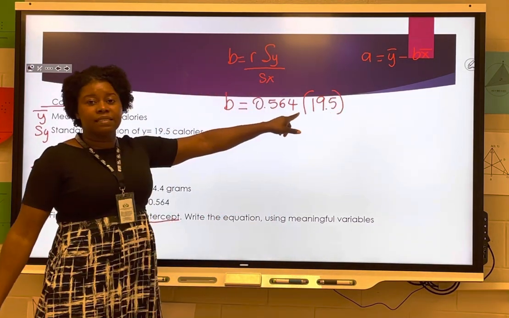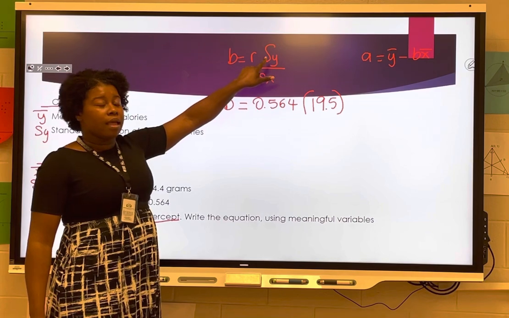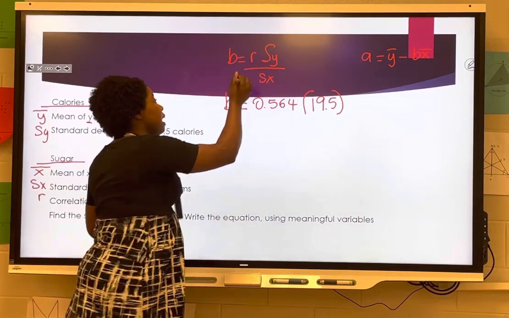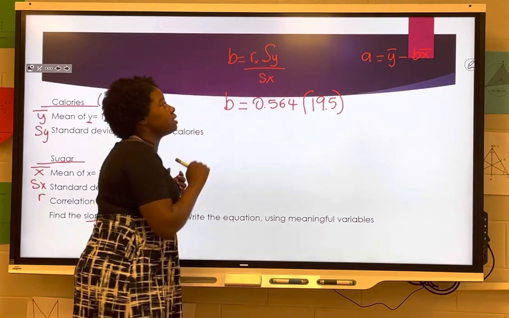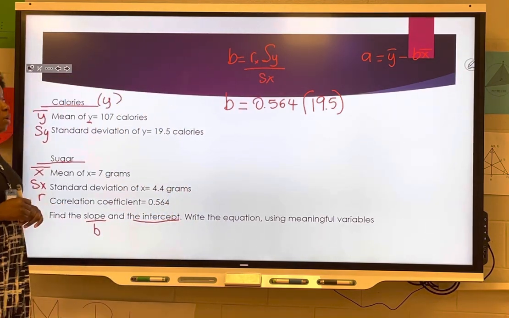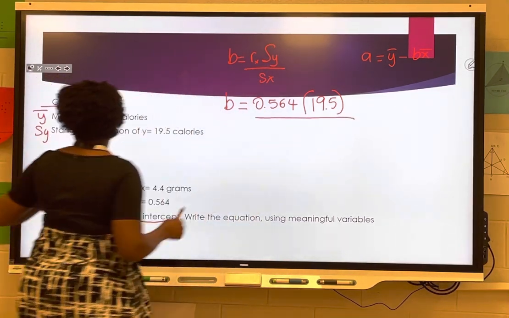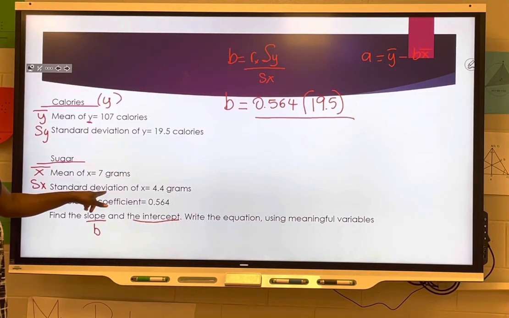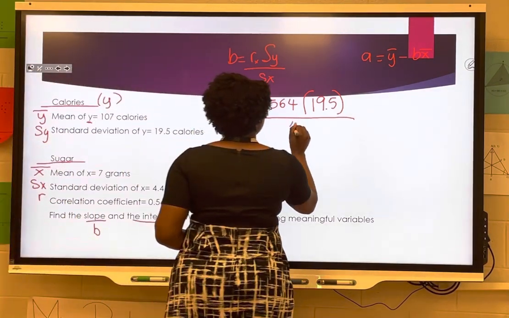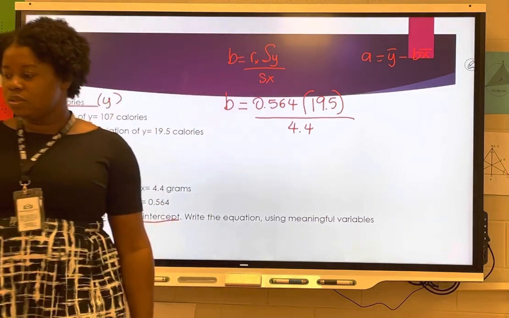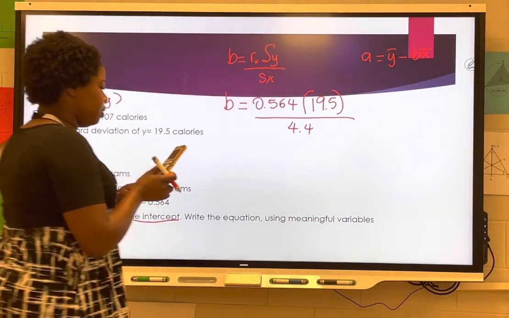Here I put the parentheses because these two are combined, meaning they have a relationship. In this case, they are multiplying by each other. So if you want to put a multiplication sign there, you can do that. So all of that is being divided by Sx, which is the standard deviation of x, which is going to be 4.4. Now, we're going to be using our calculators to do the calculation because I don't use my brain.